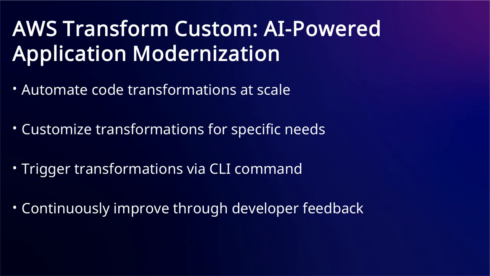The service allows you to customize transformations for your organization's specific needs using natural language and code samples. You can trigger these transformations easily with a CLI command, integrating into existing workflows. The system continuously improves through developer feedback, aligning with your preferences and enabling your team to focus on innovation rather than repetitive modernization tasks.